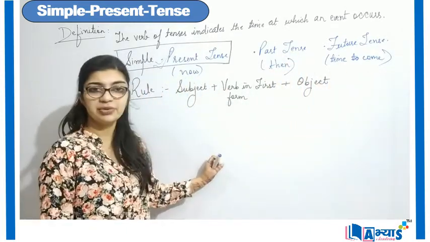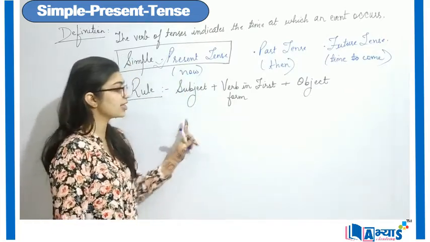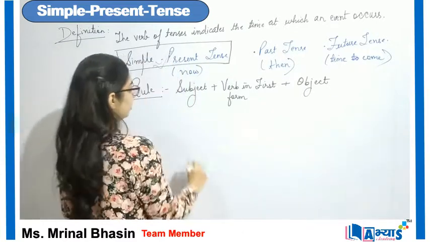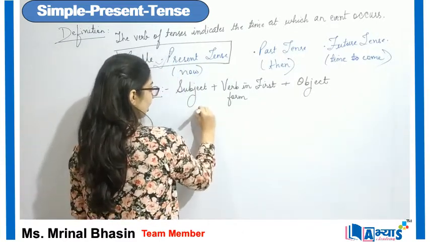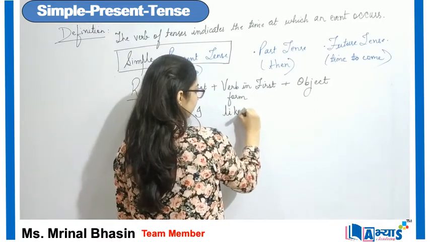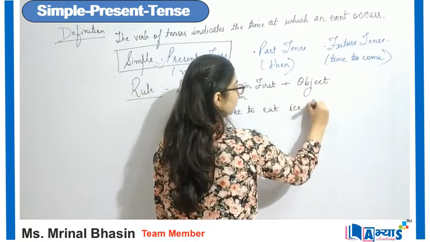So this is a simple rule for identifying a simple present tense in a sentence: subject plus verb in first form plus object. For example, I like to eat ice cream.